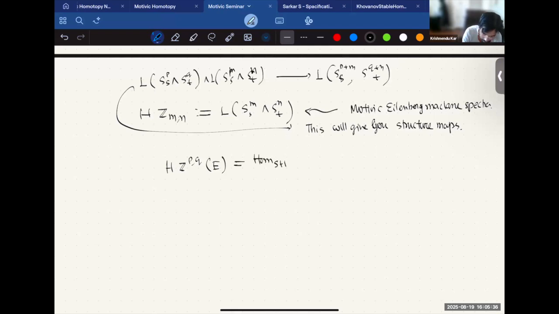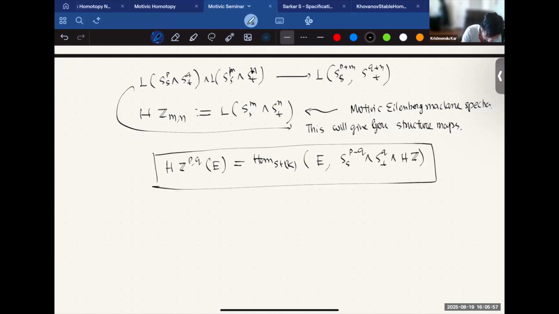Over there, this is your E smash T smash C. This is your motivic cohomology.